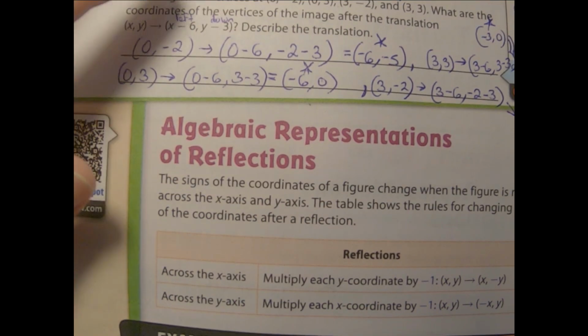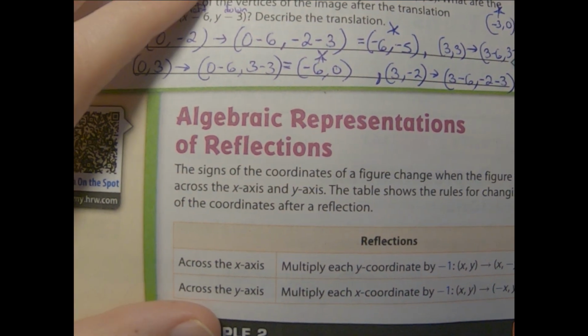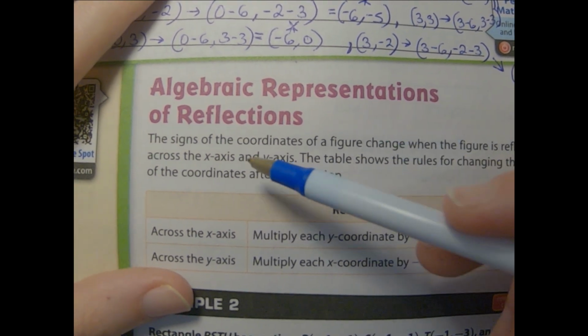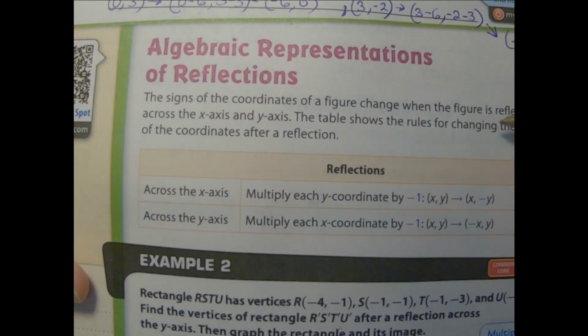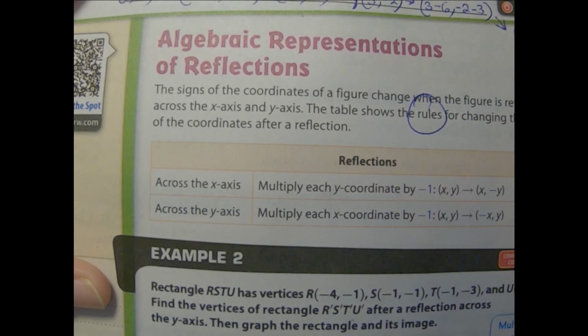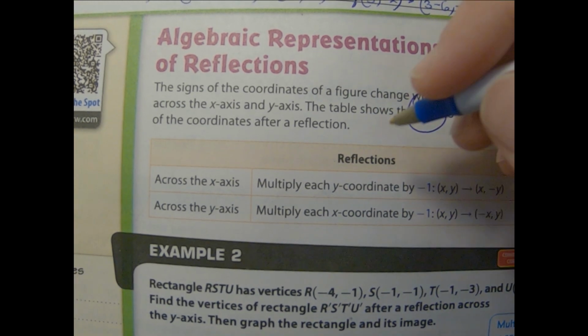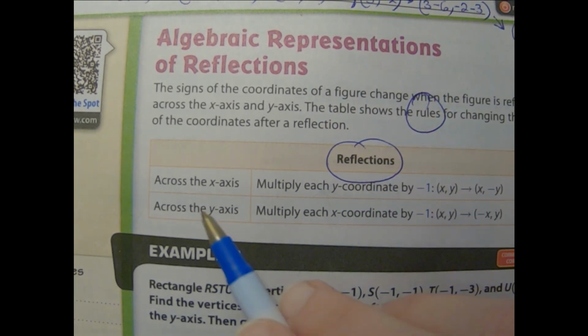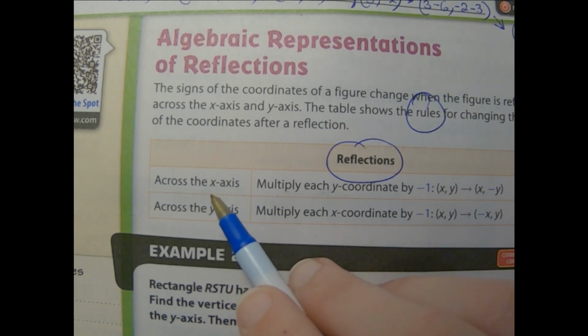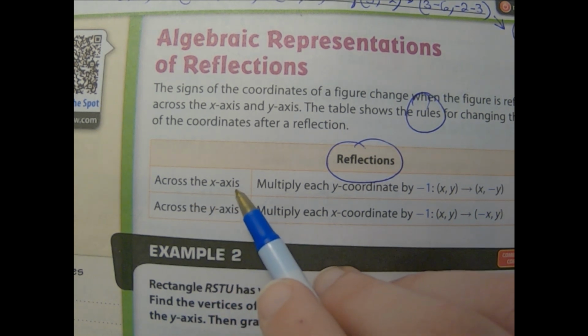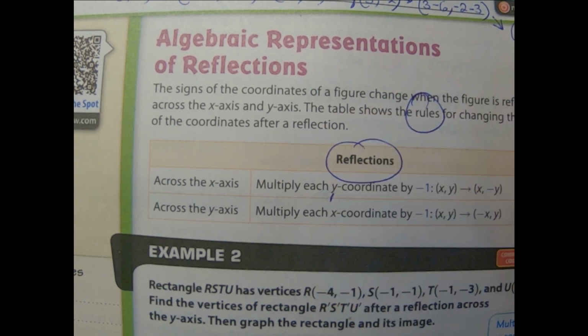How about for reflections? The signs of the coordinates of a figure change when a figure is reflected across the x or y axis. The table shows the rule for changing the signs of coordinates after a reflection. If I'm going to reflect across the x-axis, I'm going to multiply my y coordinates by -1.